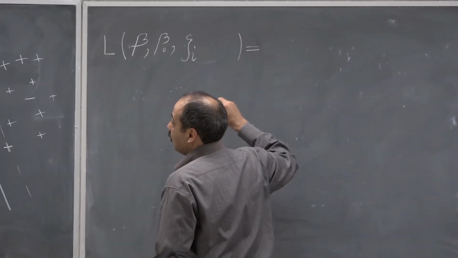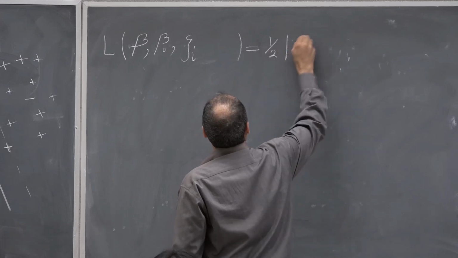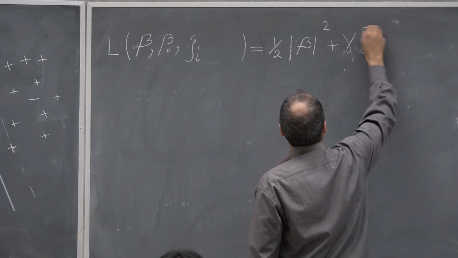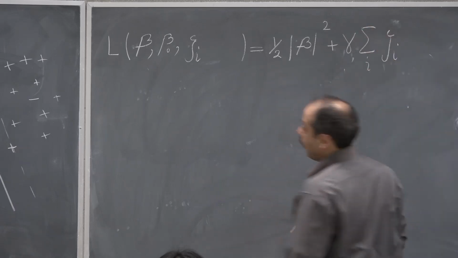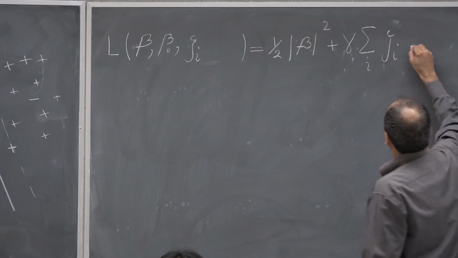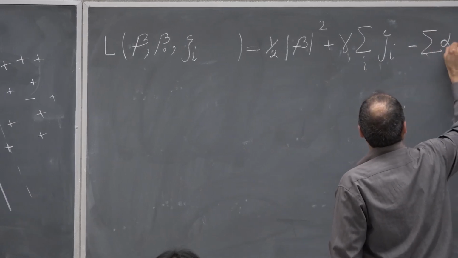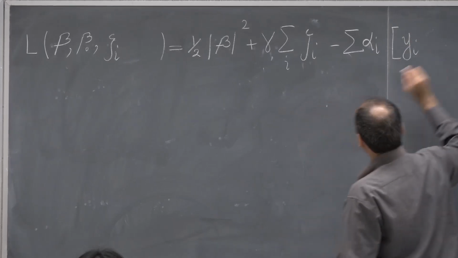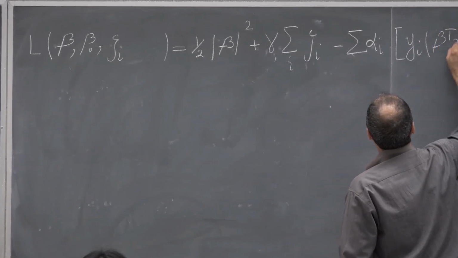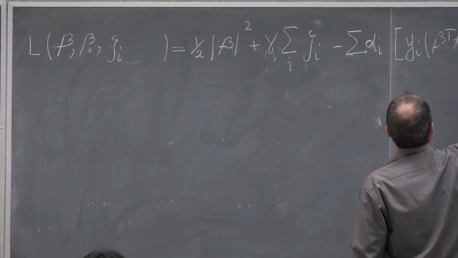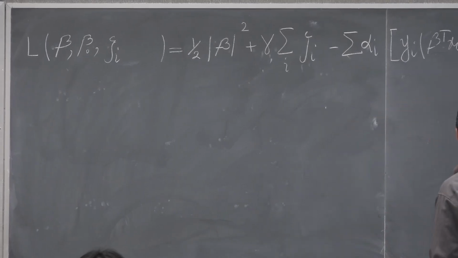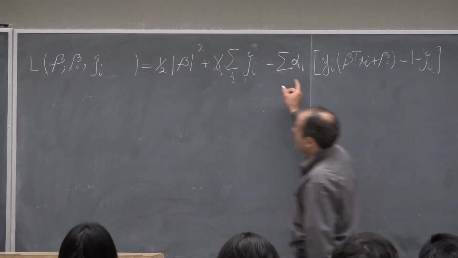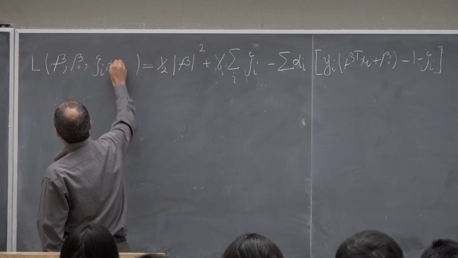So this is going to be minus sigma alpha i, yi, beta transpose xi plus beta null minus 1 minus zeta i. So I need this dual variable.